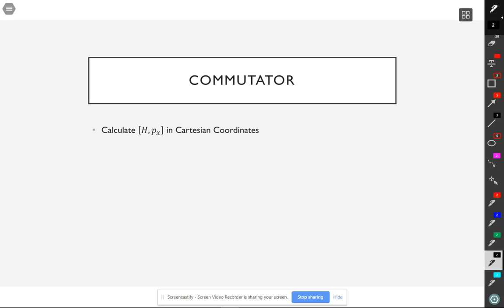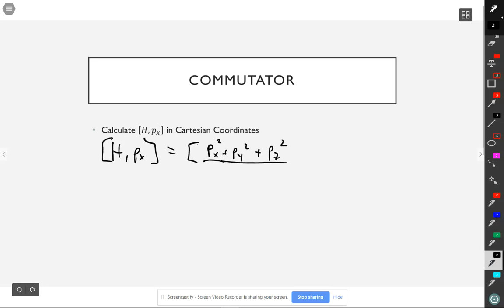So if we're going to do this commutator, the way you do it is replace H with P squared over 2m. Three-dimensionally, p squared is px squared plus py squared plus pz squared.